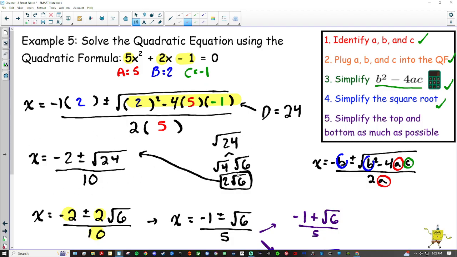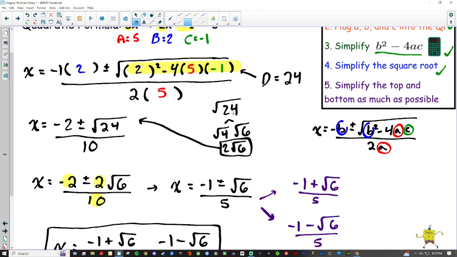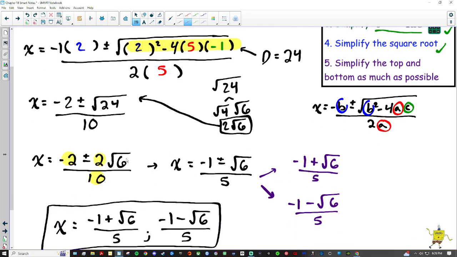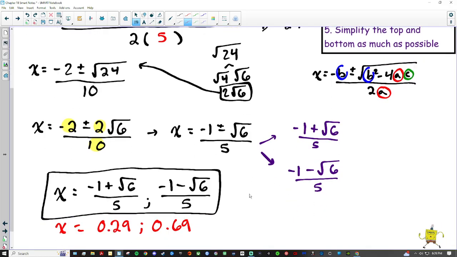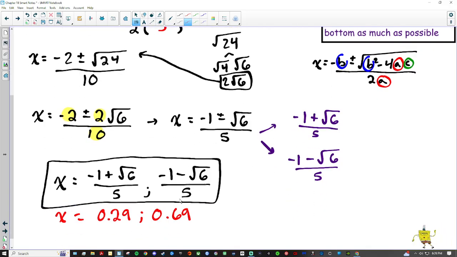We simplified our square root by splitting 24 up into 4 and 6, and then taking the square root of 4 to become a 2. Plug that back in. We split it up into our plus and our minus, which are our two perfect answers. And we can type those into Desmos to simplify them and round them to our not so perfect, but rounded answers. And we're done. Great job.